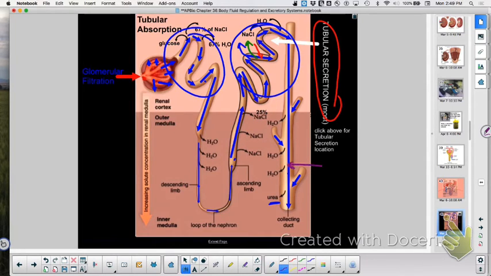Now, this part right here is impacted by a hormone, ADH. ADH stands for antidiuretic hormone. What antidiuretic hormone will do is it will make this tube more leaky, and you reabsorb even more water.